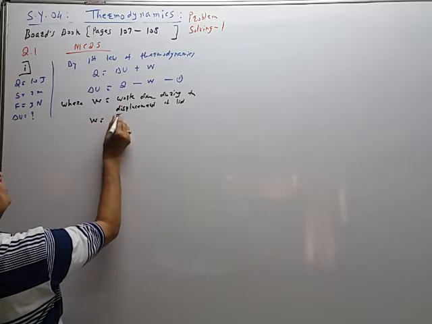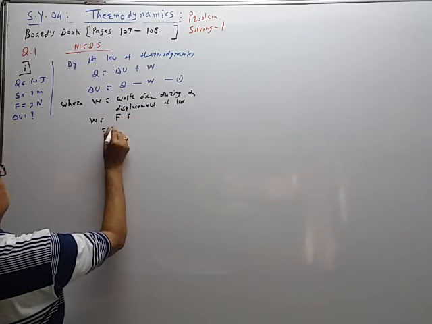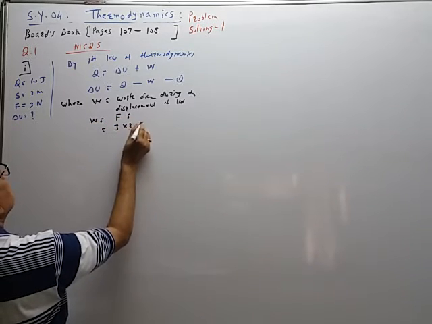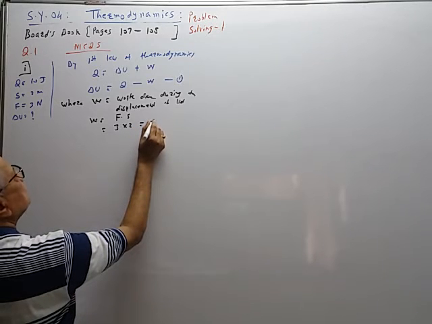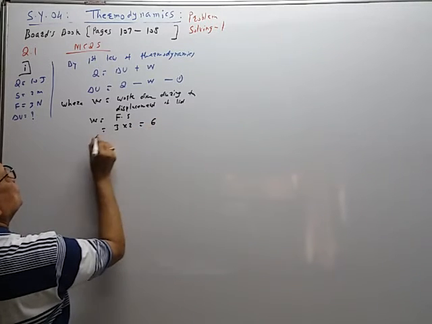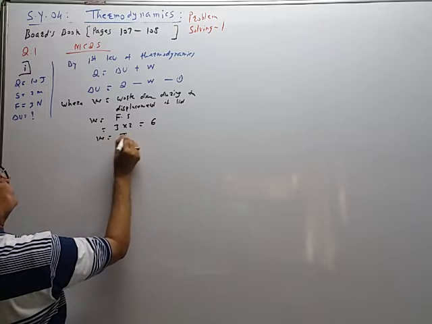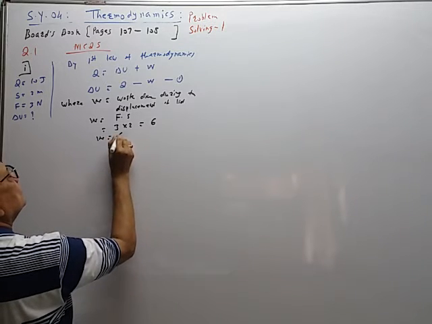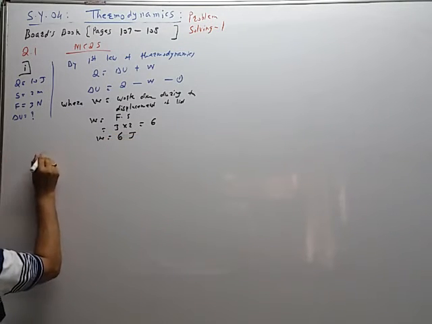And therefore W is equal to F multiplied by S. So F is equal to 3 Newton, displacement is equal to 2 meter, therefore this is equal to 6 joule. So W is equal to 6 joule. Put in 1.